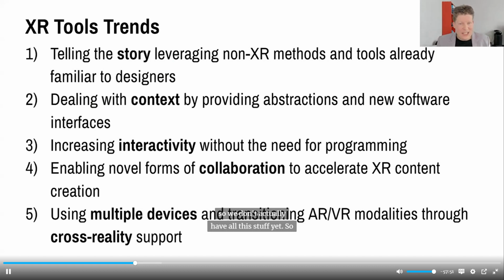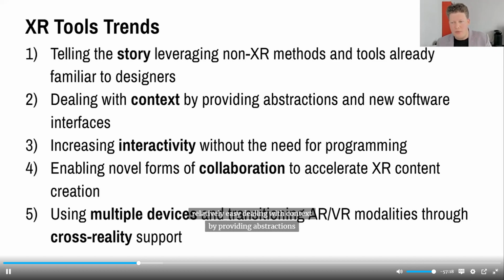And so we don't actually have all this stuff yet. I'm not going to spend too much time on tools today, but there are a few trends. Many of these new tools allow us now to tell the story with techniques and methods that are familiar to us. So making the jump into Unity is pretty hard, but using a tool like Adobe Aero or Apple Reality Composer or even Tilt Brush, some of the things I showed, is nowadays relatively easy.